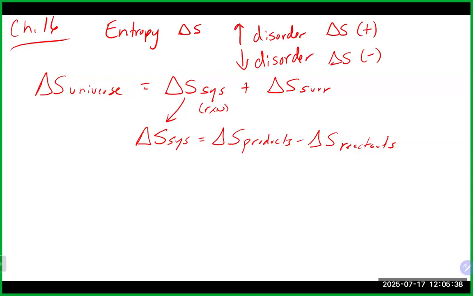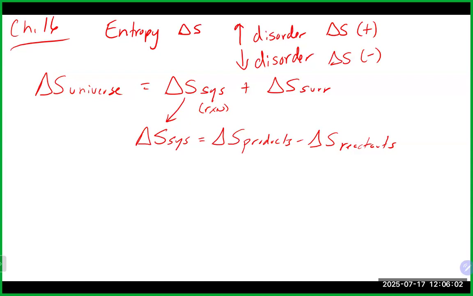The opposite is true if you end up with fewer gas molecules than you started with. Then you're creating a lot more order, a lot less disorder. I always think about how many things are flying around in your face, like 5 things versus 2 things, so it's a lot more order. And the delta S would be a negative number for that.